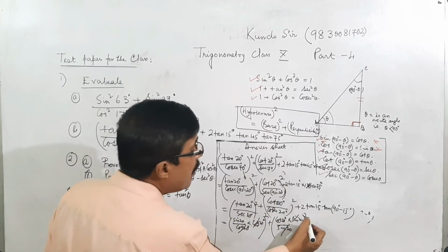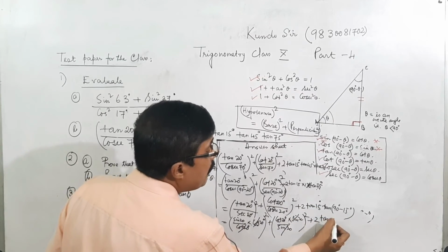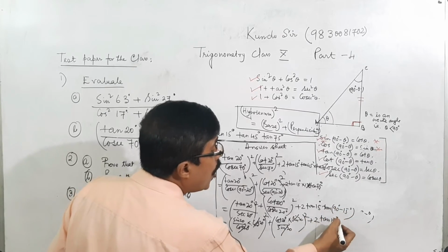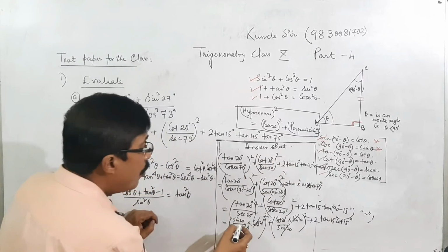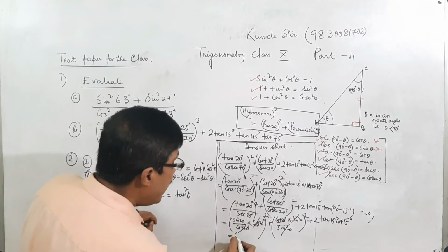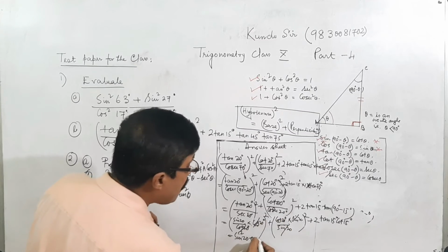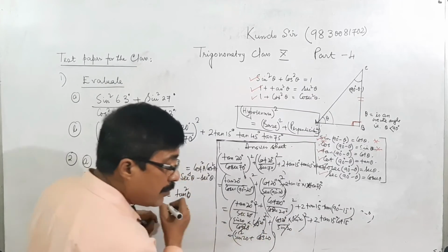It is the second part. And the third part, tan 15 degree into tan will be converted into cot 15 degree. Now we have cancelled, so it is sin square 20 degree plus cos square 20 degree, equal to 1.